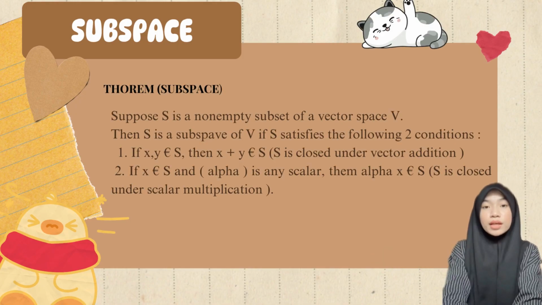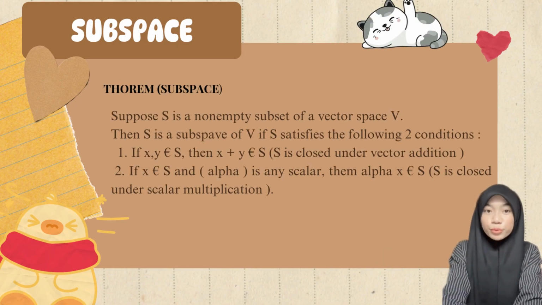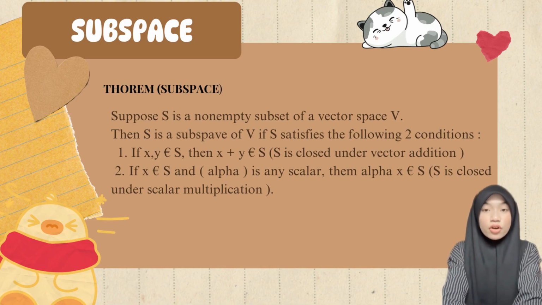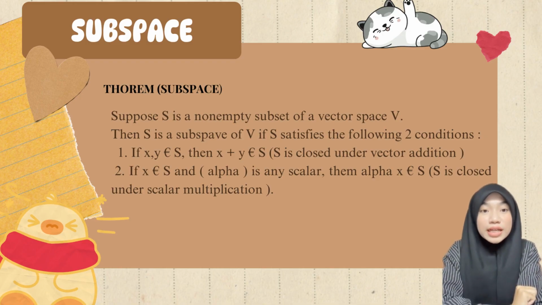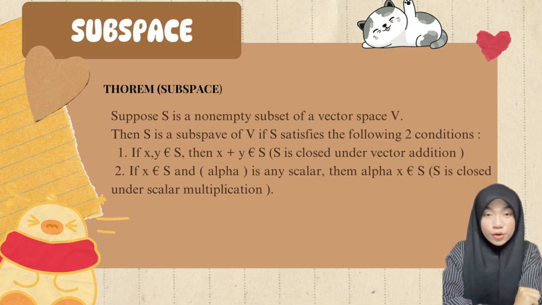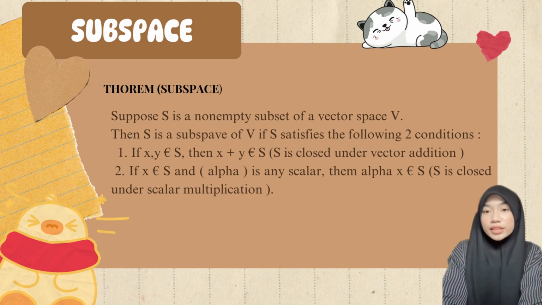on V. However, keep in mind that not just any random room or small set qualifies as a subspace. According to our textbook, to prove that a subset is a subspace, it must really pass two golden conditions under the subspace theorem. The first condition, close under vector addition.